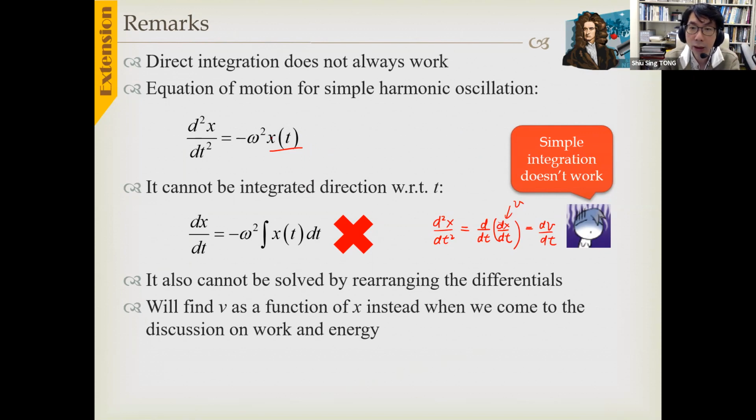Because this is not v, this is x. Even if you put the x on the left-hand side, it becomes dv over x. But both are unknown functions, right? x and v are not the same, and both are unknown functions to you. And so you are not able to integrate it in this way.